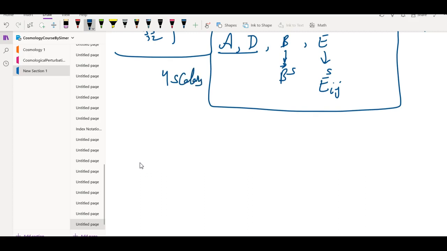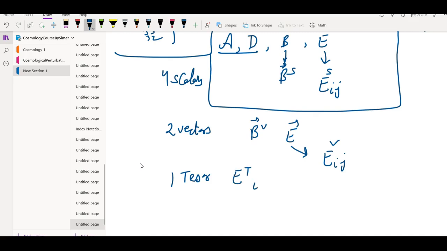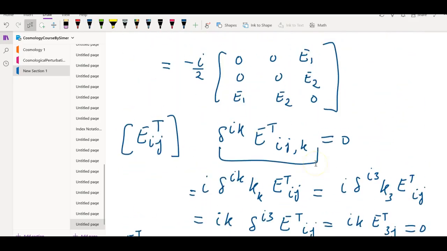Then I have 2 vectors: the B vector, and the E vector, which I get from EIJ vector. Then I have one tensor, which is ETIJ. And I have seen how these perturbations look in the Fourier space.